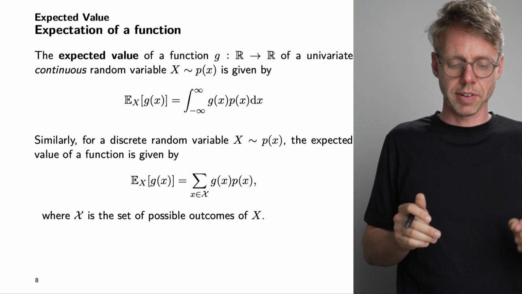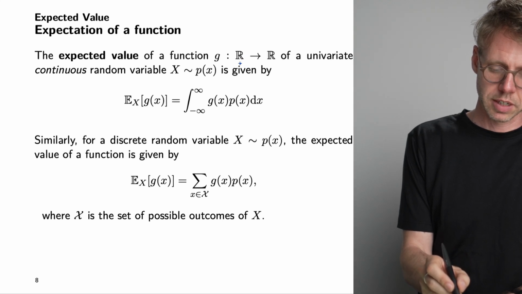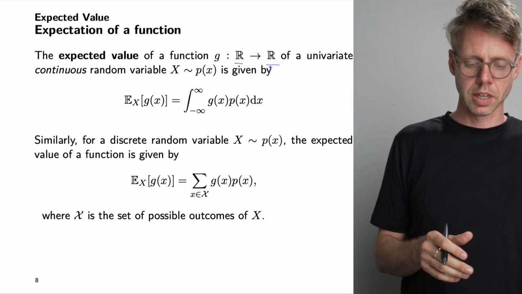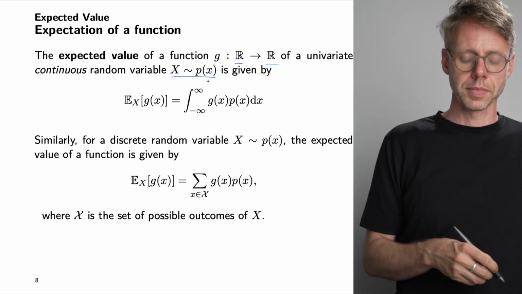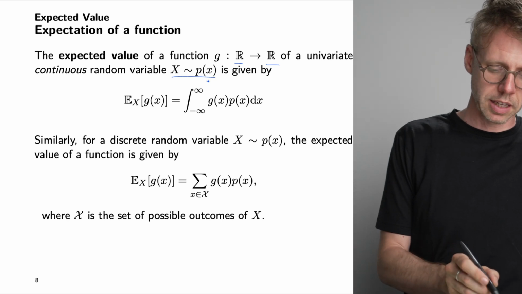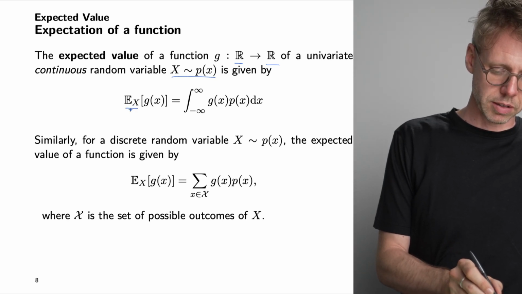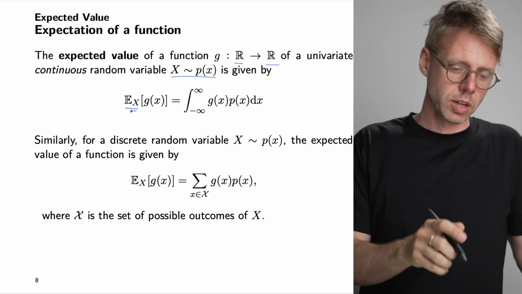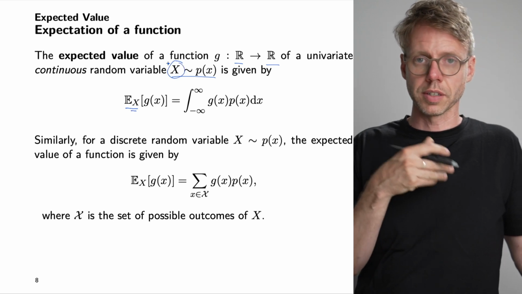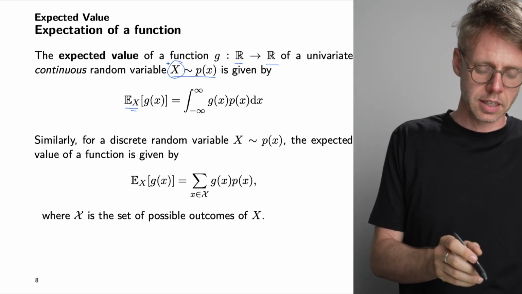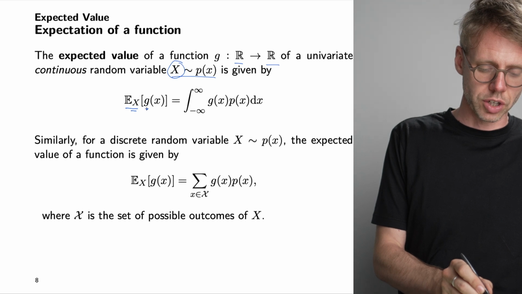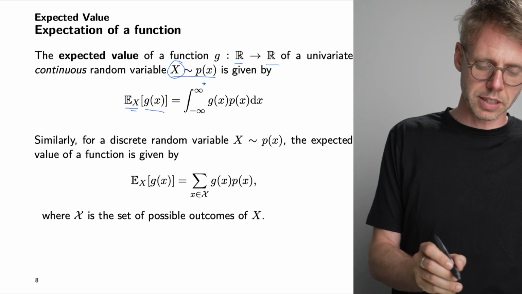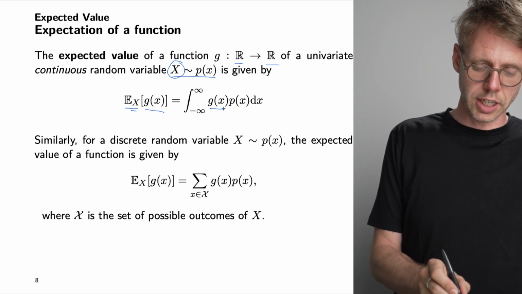The expected value of a function g from R to R of a univariate continuous random variable x that comes from the density p(x) is, making clear in the notation that we're averaging over the distribution of this random variable x, the expected value of g(x), and it's given by the integral from minus infinity to plus infinity of g(x) p(x) dx.